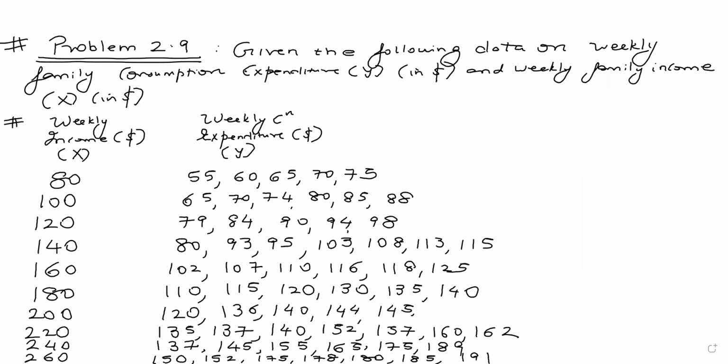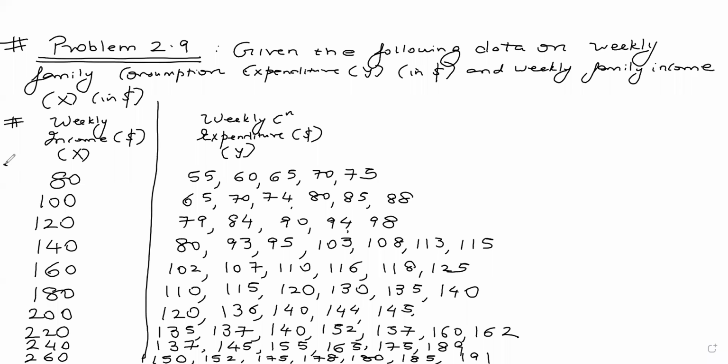So the last values, so that students are perfectly clear, I'm repeating again. For 260, my values are 150, 152, 175, 178, 180, 185, 191. So this is the data, or I can say the table which is given to us.